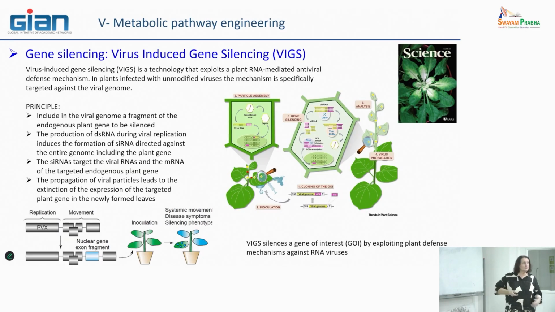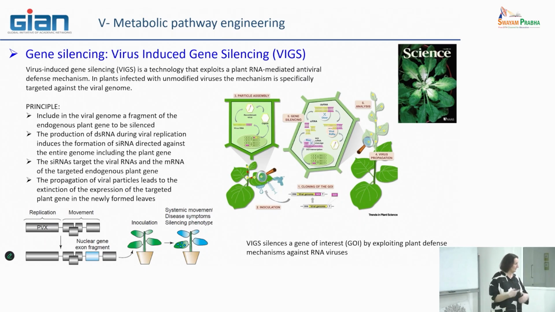So the idea is also to copy a system that exists in the plant cell. We have not invented different things. We have just observed nature. We have just understood how nature is able to function. And afterwards we try to develop specific tools, okay, to reproduce what nature is able to stimulate in the plant.